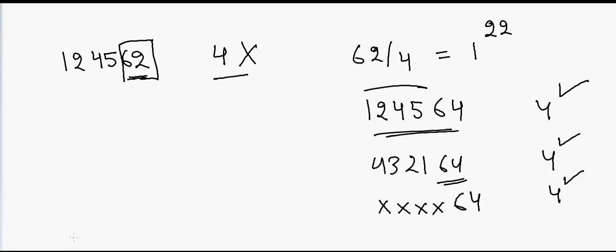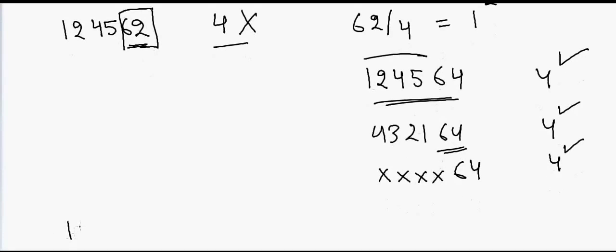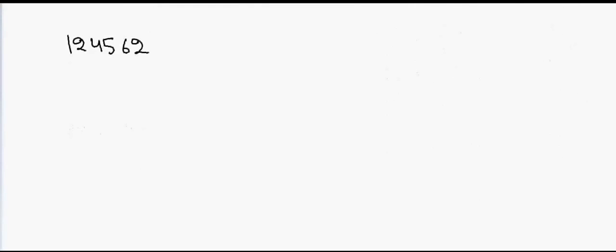Now let's write the number again. So 1 2 4 5 6 2. Is this number divisible by 5? No, because to be divisible by 5, the last digit should be either 5 or 0.